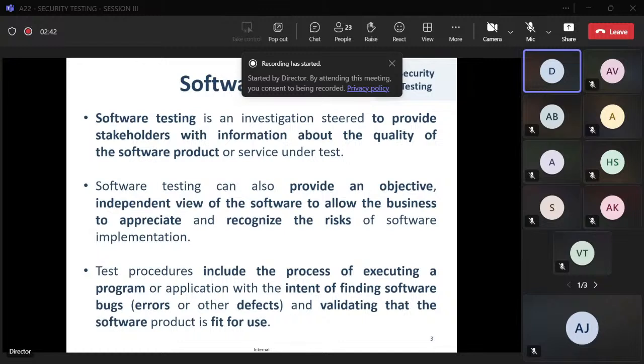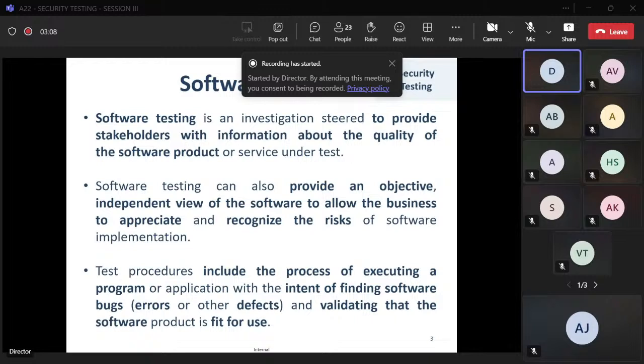First, software testing. What is the purpose of performing software testing? This is to know the quality of the software being developed within the organization. It will help you know about the various types of errors, defects, and bugs, and help the organization know whether the developed software is fit for the business purpose.